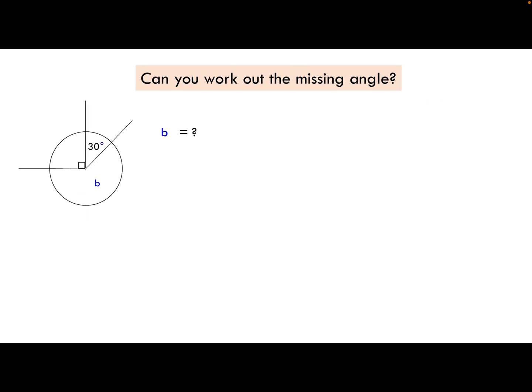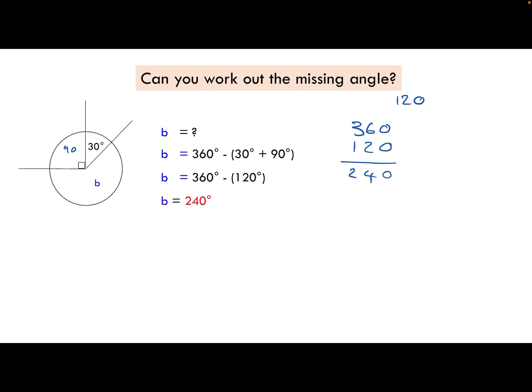So, you've unpaused the video because you've had a go. So I'm going to do my 90, add 30, which is going to give me 120. And I'm going to do 360, take away 120, 240. It should be. Let's have a look. Now, I can just have a look at this.